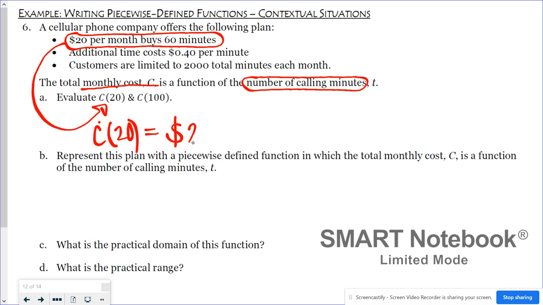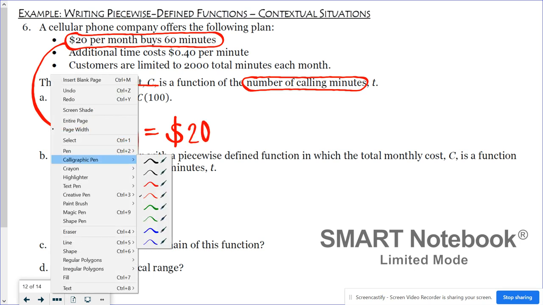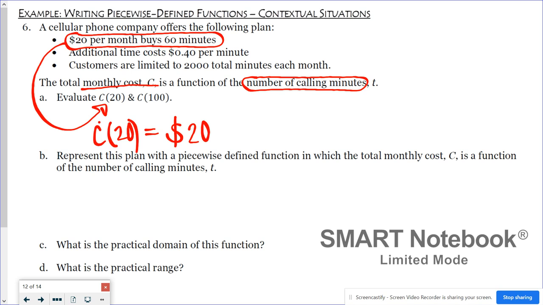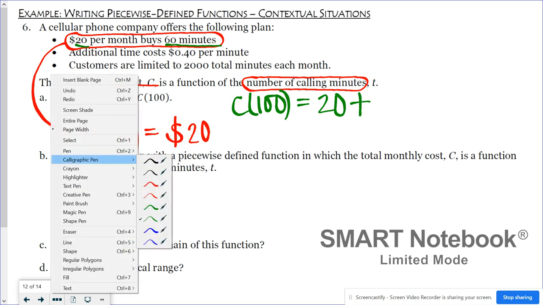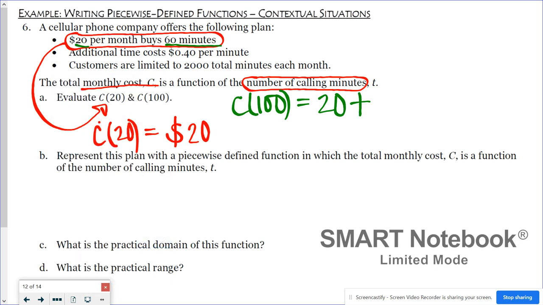So what about the cost of 100 minutes? Well, we just said that the first 60 minutes is $20. So the cost of 100 minutes is definitely going to cost us $20 and then some more, because that $20 is simply the first 60 minutes.